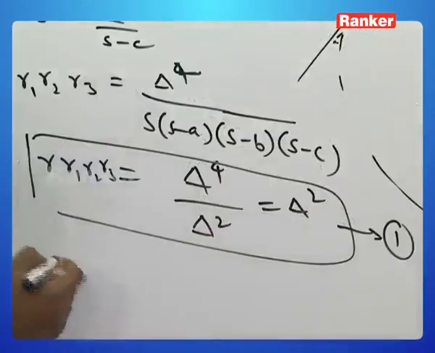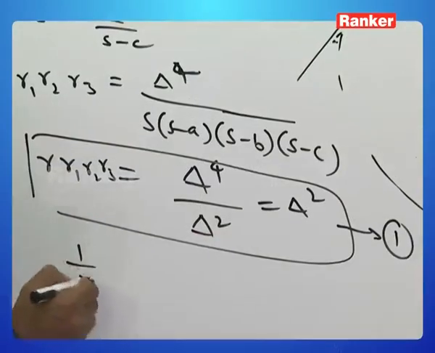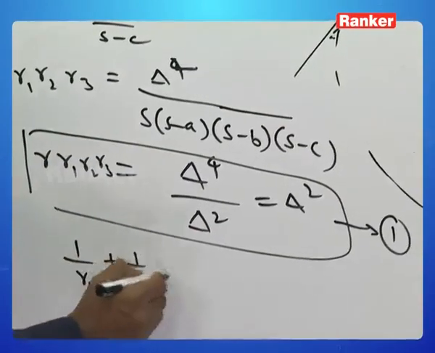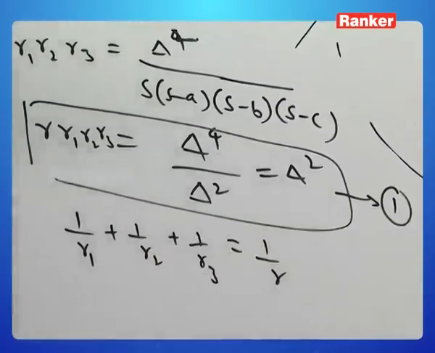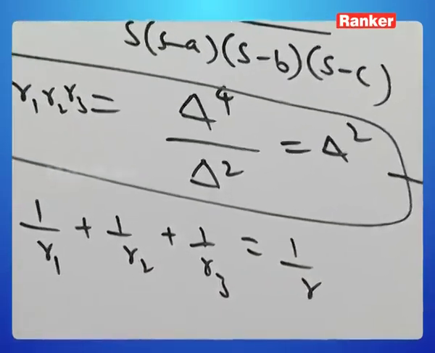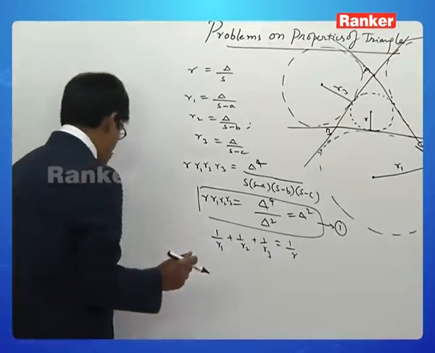And we also have 1 by R1 plus 1 by R2 plus 1 by R3 is equal to 1 by R. This is quick to verify.